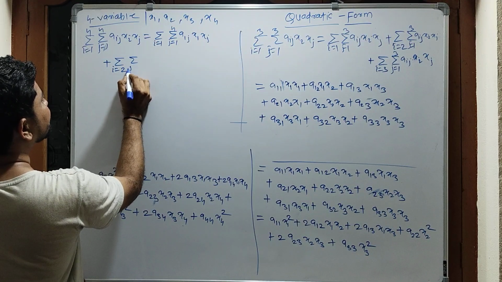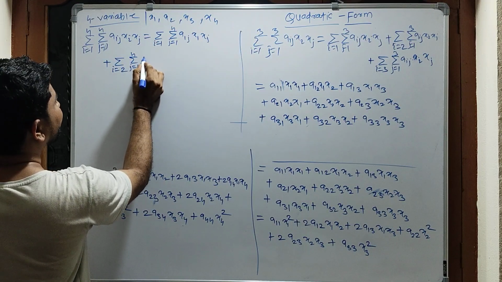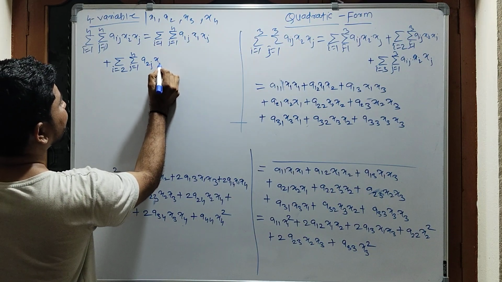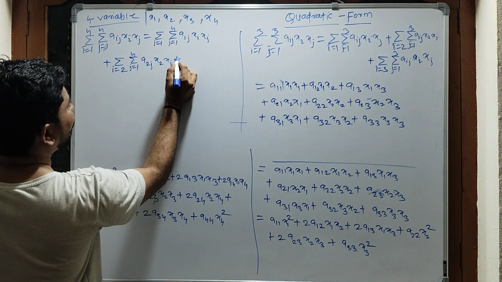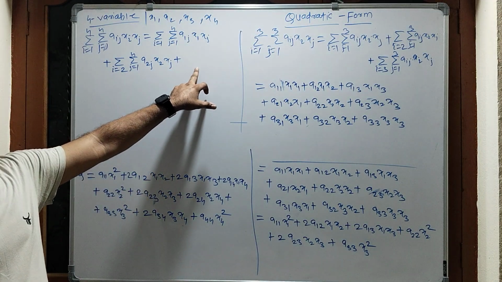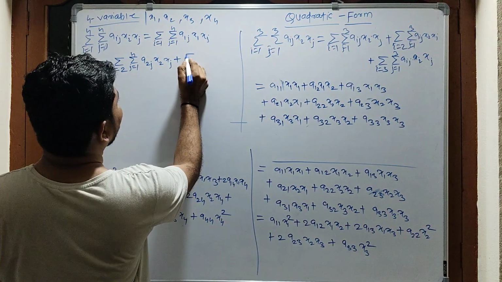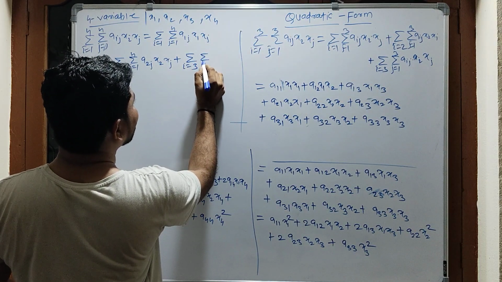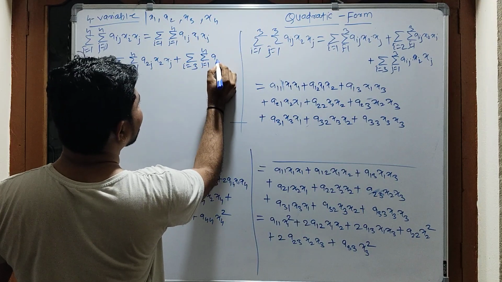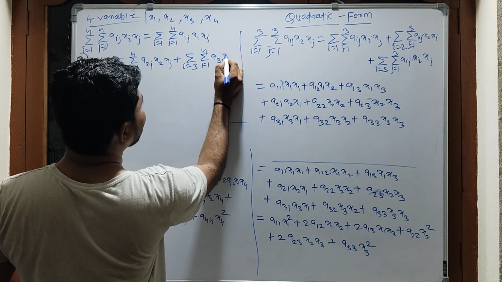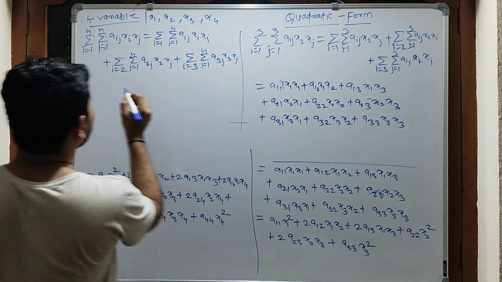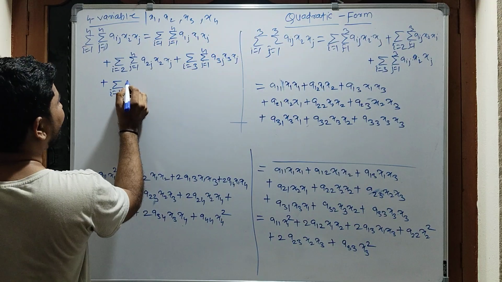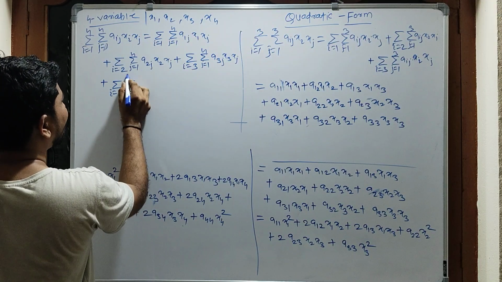Here summation j running from 1 to 4, a_2j, and this is x2 and x_j. Now plus I am fixing i equal to 3, with j running from 1 to 4: a_3j, x3 and x_j. Now plus fix i equal to 4 and change j from 1 to 4.